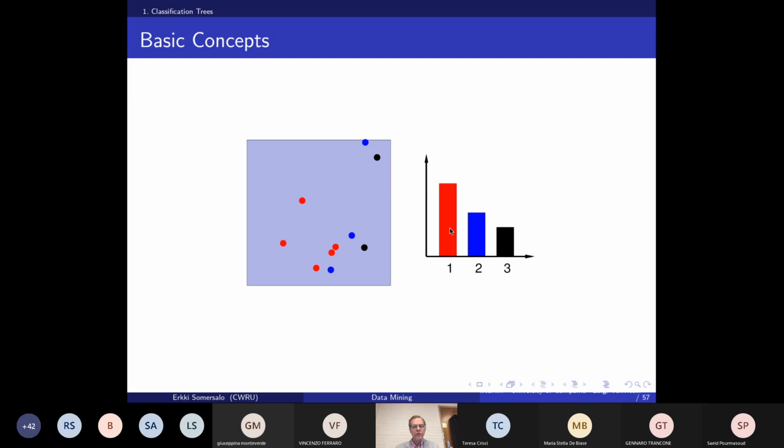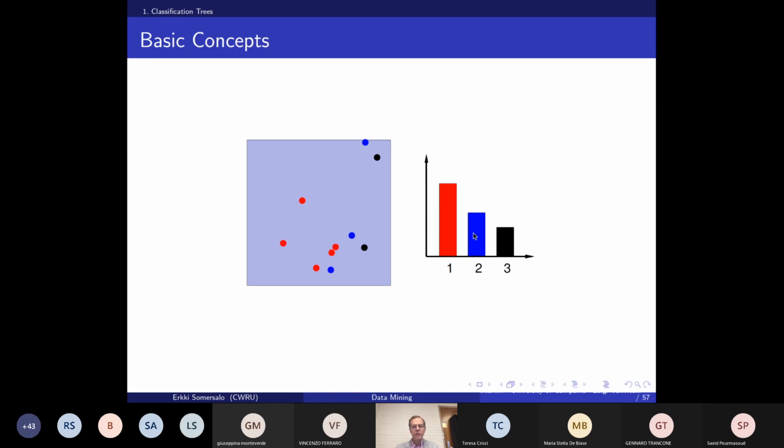These pj's are the heights of these columns. You see that red here is the dominant class, and then we have blue and black classes which are smaller. If you need to classify a point using this rectangle, you would use the majority vote principle. You look at what is the dominant class, which is the red one, and then you classify to the class red.